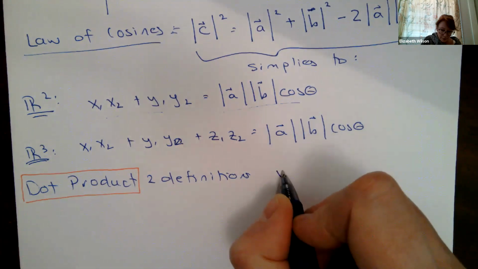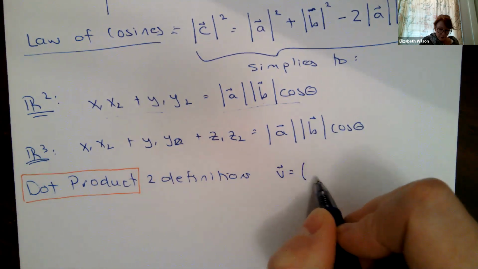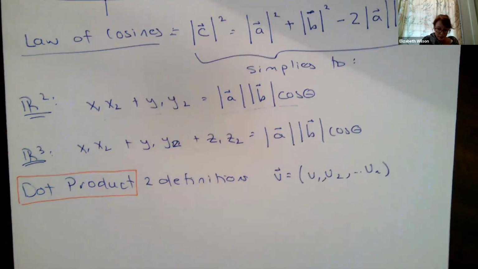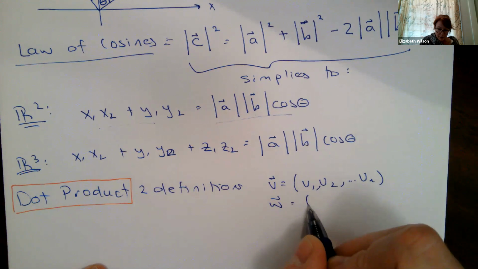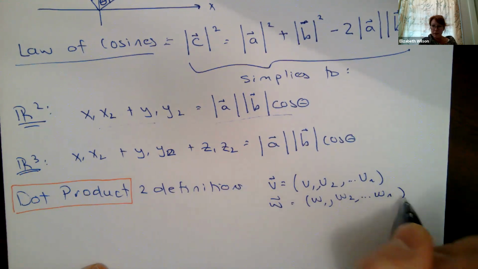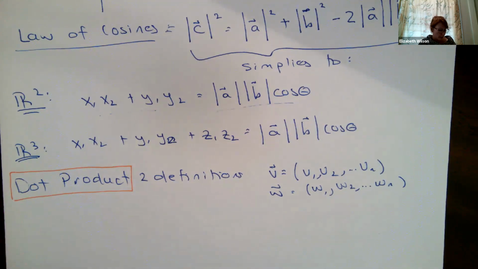If I have v as a vector, v1, v2, all the way up to vn, and w as my second vector, they're the same dimension, w1 up to wn. They have to be the same. If they're not the same dimension, you can't do the dot product on them.